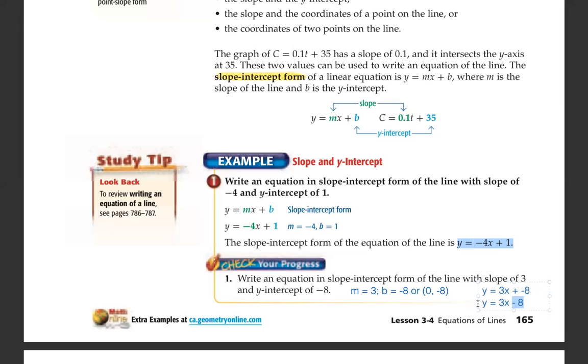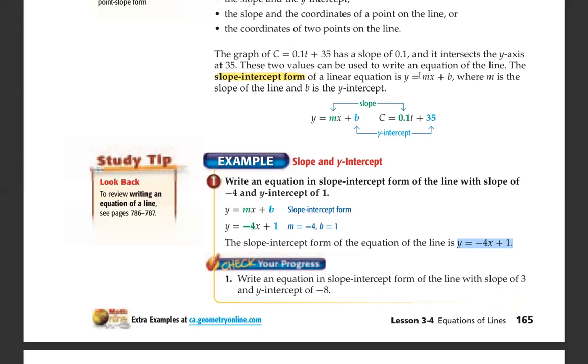So the final answer is y equals 3x minus 8. This is now the equation of the line that has a slope of 3 and a y-intercept of -8.